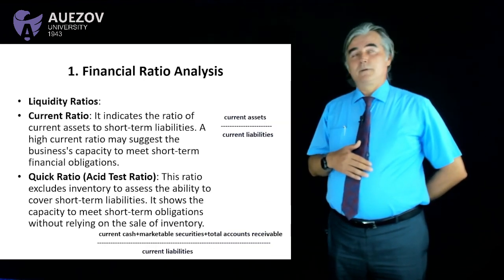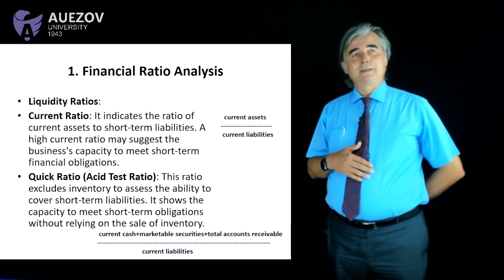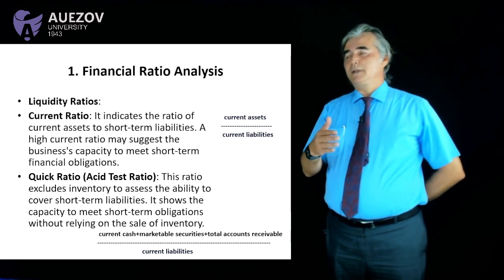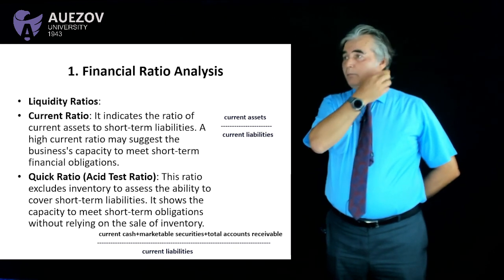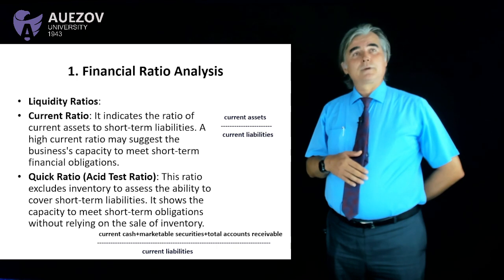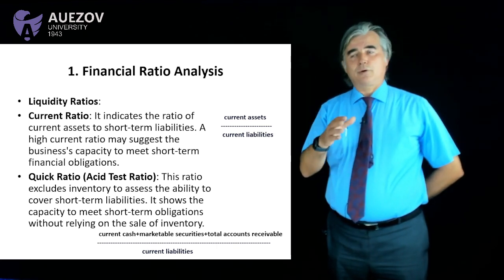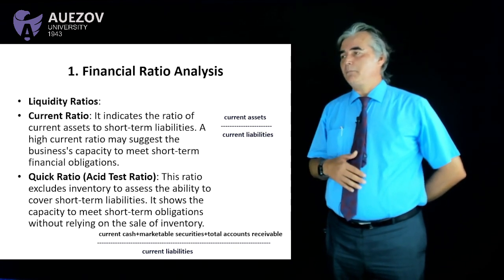The other financial ratio is liquidity ratio. Also, I give two. Current ratio indicates the current assets to short-term liabilities. A high current ratio may suggest the business's capacity to meet short-term financial obligations. Quick ratio excludes inventory to assess the ability to cover short-term liabilities.